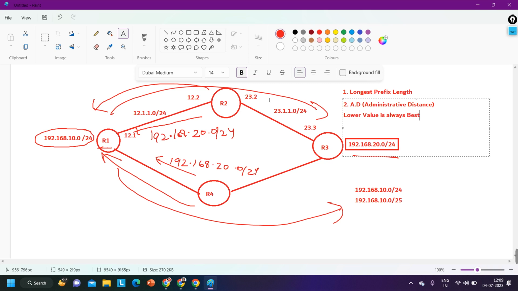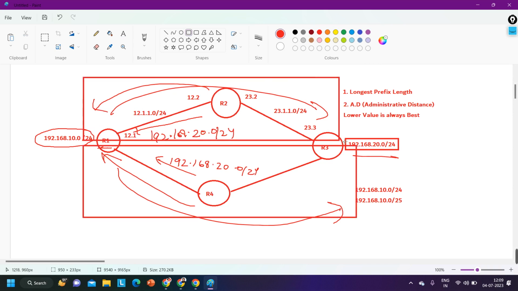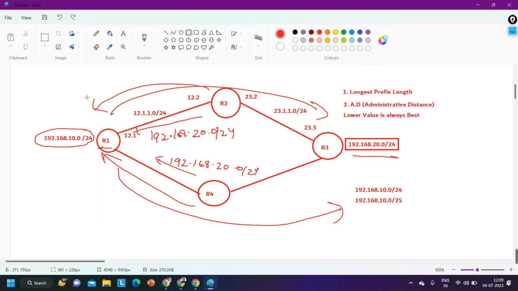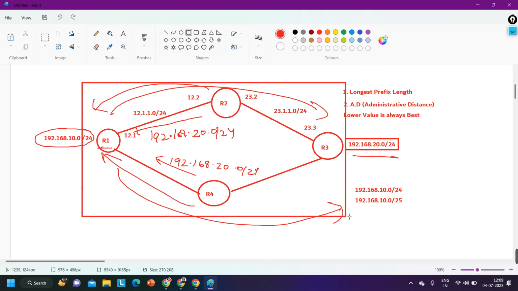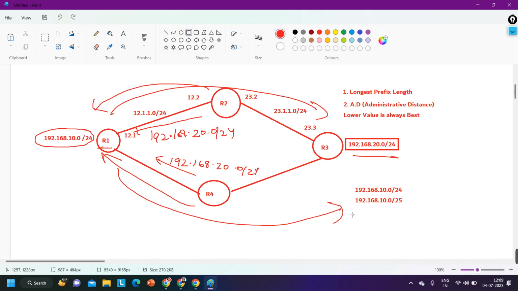Let's say here I am running a different routing protocol and here I am running a different routing protocol. That can be possible. Then AD value will be different. But if we are running the same routing protocol in this domain, then AD value will also be the same.